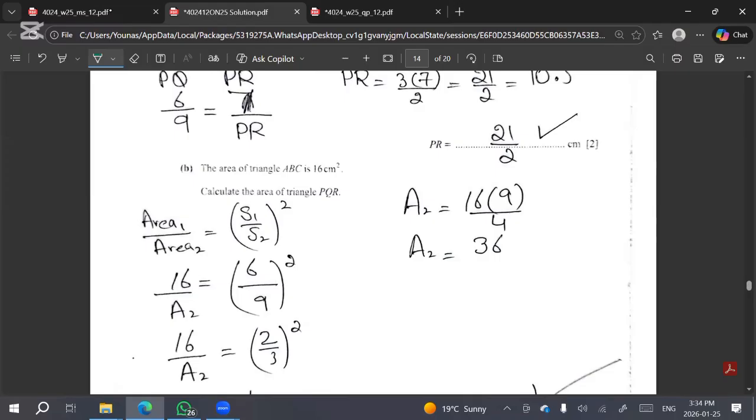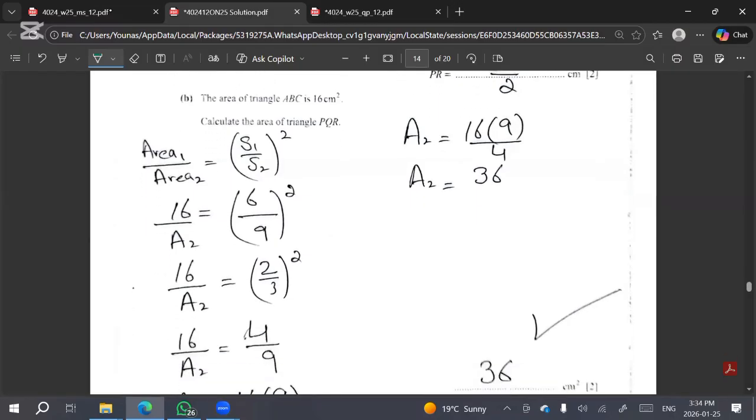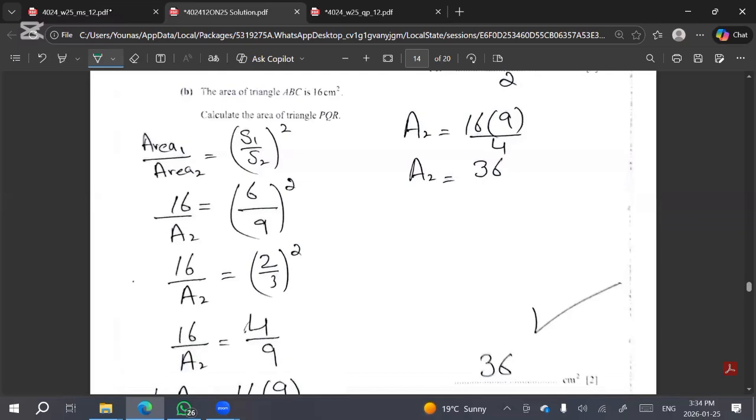So the area 1 of the ABC, that is 16, by area 2, which is the question, the area of the triangle PQR, and the side of the triangle ABC is 6. The corresponding side in the triangle PQR is 9. So it's whole square. So 6 and 9 can be cancelled with each other.